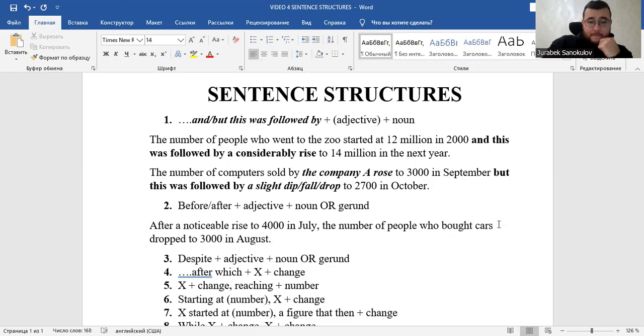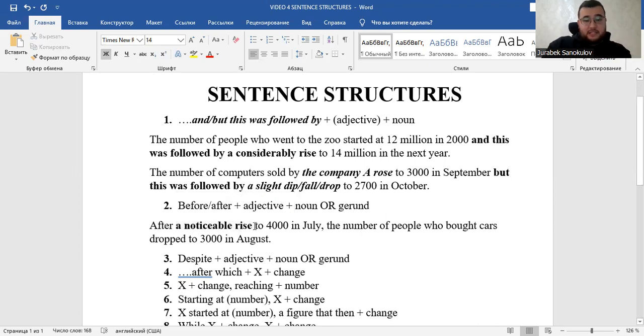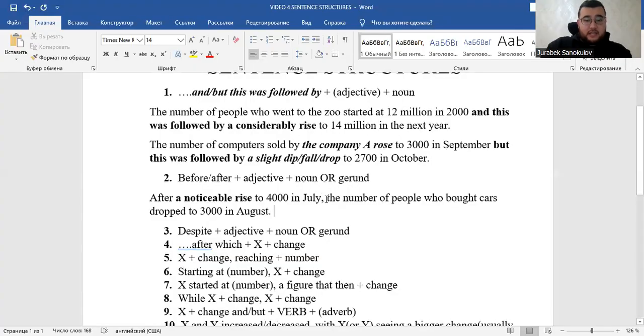So you see, we included the first change here, a noticeable rise. That means it's an adjective plus noun sentence structure. And in the second part of the sentence, we included a full sentence. So let's read it one more time. After a noticeable rise to 4,000 in July, the number of people who bought cars dropped to 3,000 in August. So that's how you will use it.